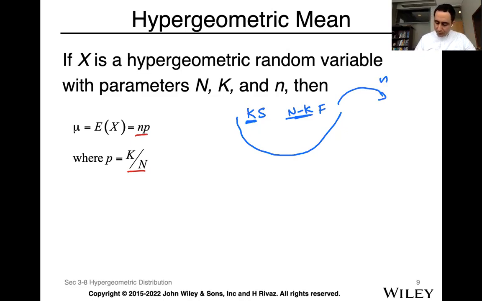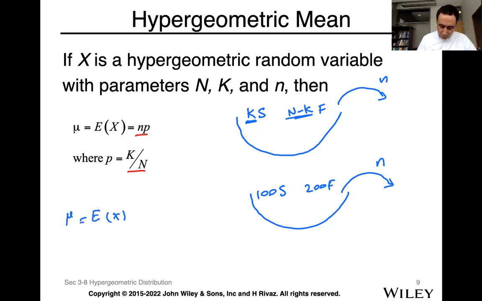So I think perhaps it's better to replace numbers instead of N and K. So let's say I have 100 successes, like the previous slide, and 200 failures, right? And let's say I'm selecting n objects, right? So on average, I'm going to have the expected value of X, which means the expected value of the number, what did we call A and B?